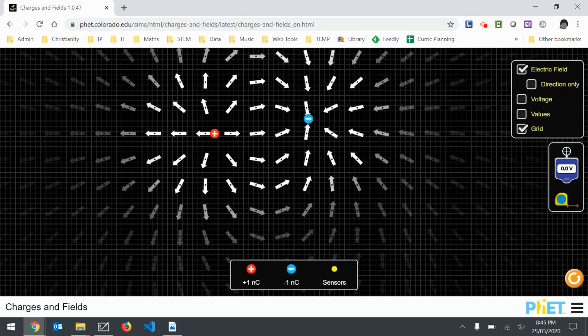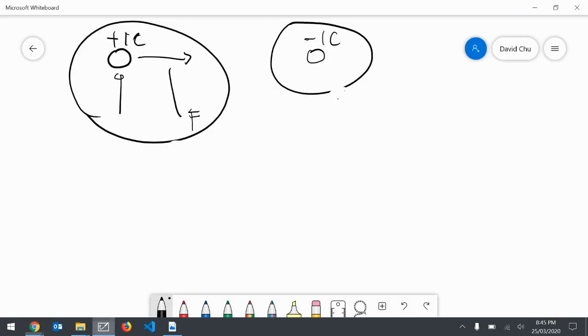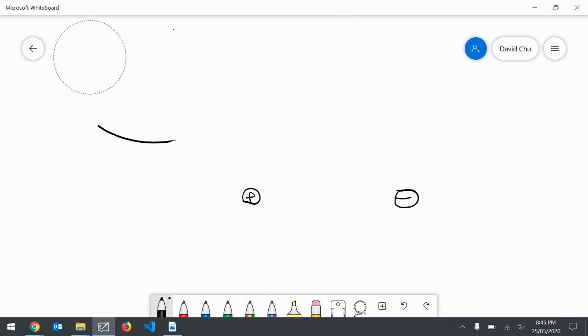I can summarize this by saying this one's positive, this one's negative. I'm just going to wipe things out for the time being. And the field lines are going in that direction. I'm going to change pen color. Field lines are going in that direction.